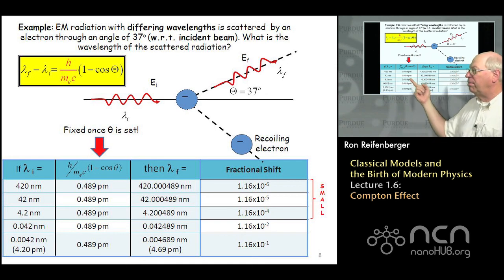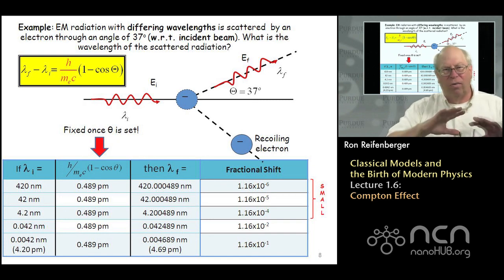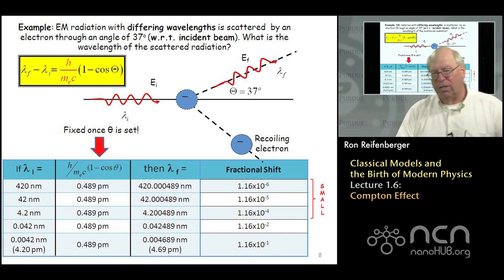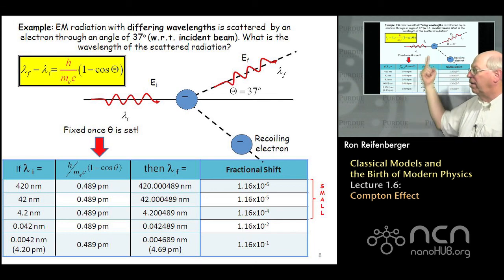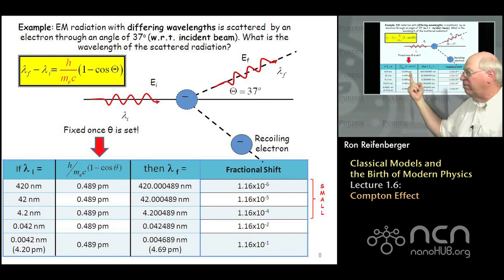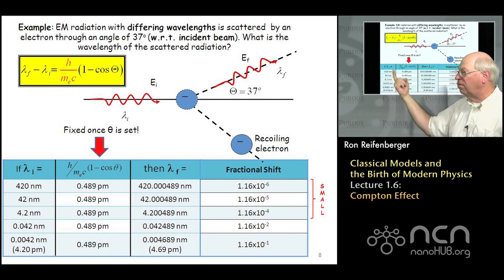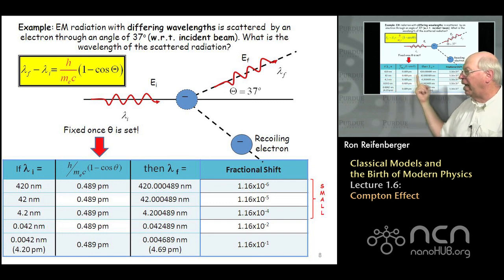And what that simply means is that the final wavelength is related to the initial wavelength by this quantity, okay? So the moral of the story is all electromagnetic radiation in principle will Compton scatter from an electron, right? But the shift in wavelength is going to be so small when the initial wavelength is up here in the 400 to 4.2 nanometer range, right?